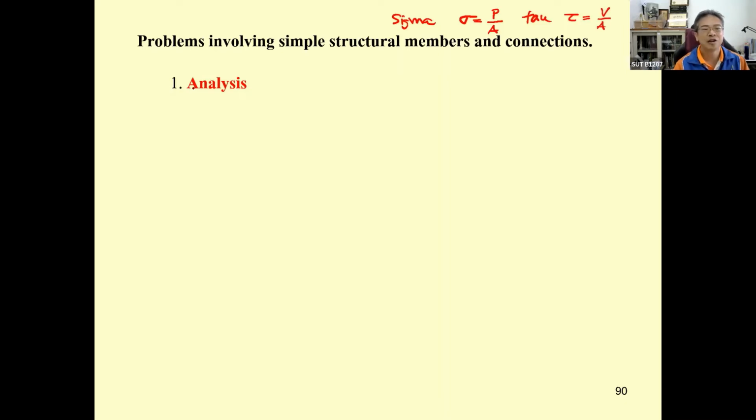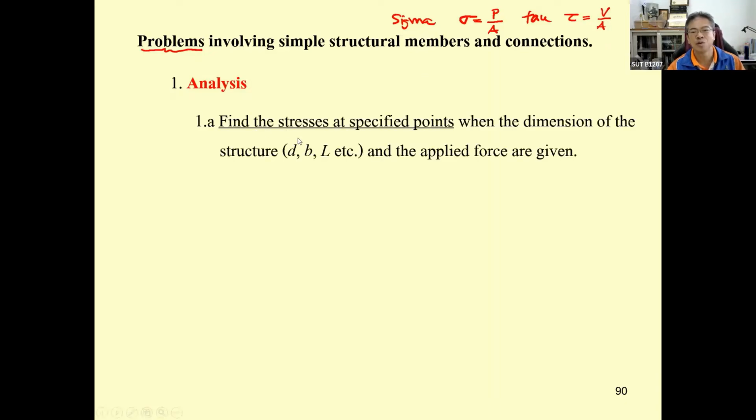And then the problems that involve this equation, there are three of them. The first one is a direct one. If you know the dimension of the connection or of the structural member, it means you know this area.